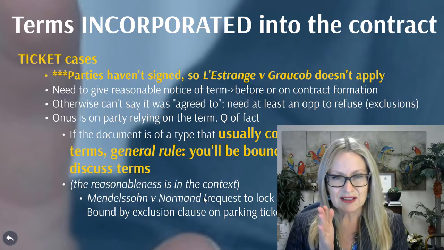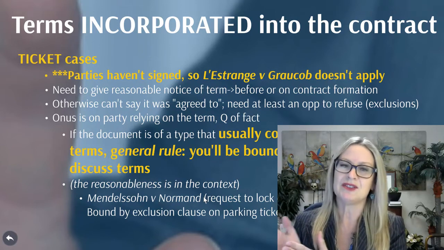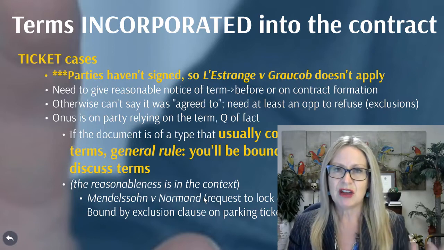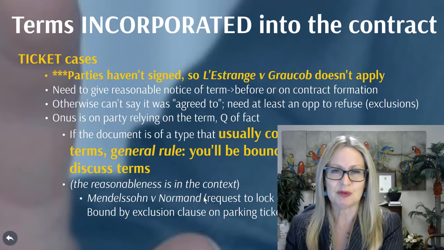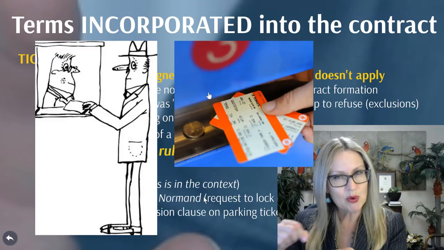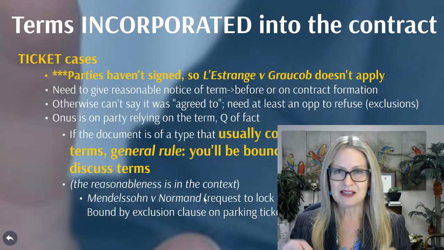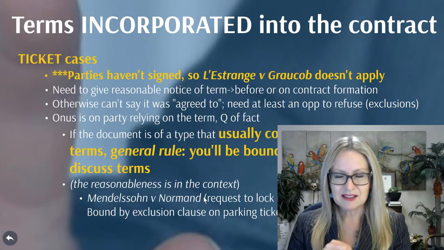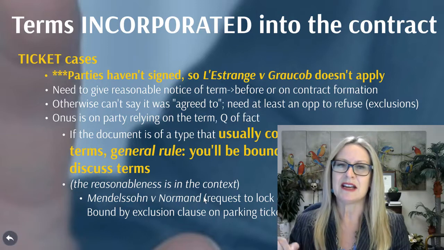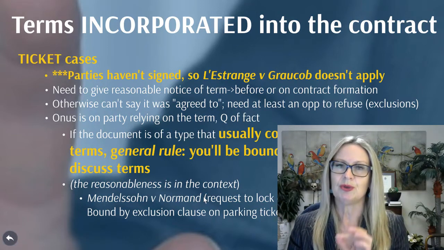Then we take another step away when we're talking about the ticket cases because you haven't got any signed exchange of documents at all. You've just got an exchange of documents. So you haven't got that rather important signature on the dotted line. As I said before in the other video, the signature is a very important undertaking and it shows that the party has assented to the term.